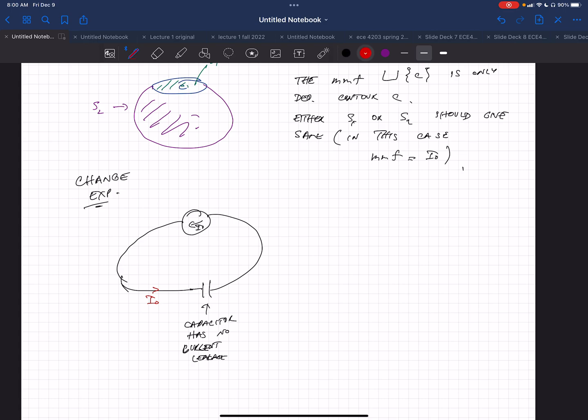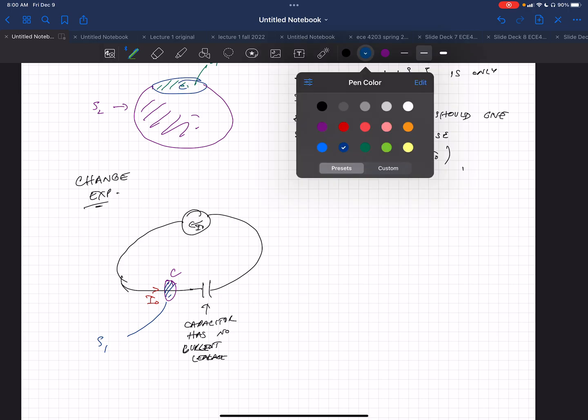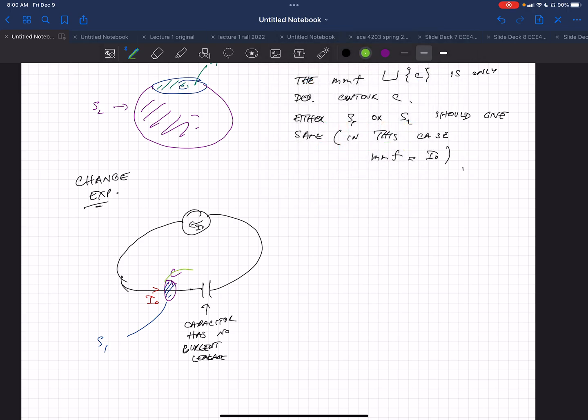And let's say I define my contour here, my contour C. And again, S1 is just inside that contour, and S2 is still this bigger loop around.